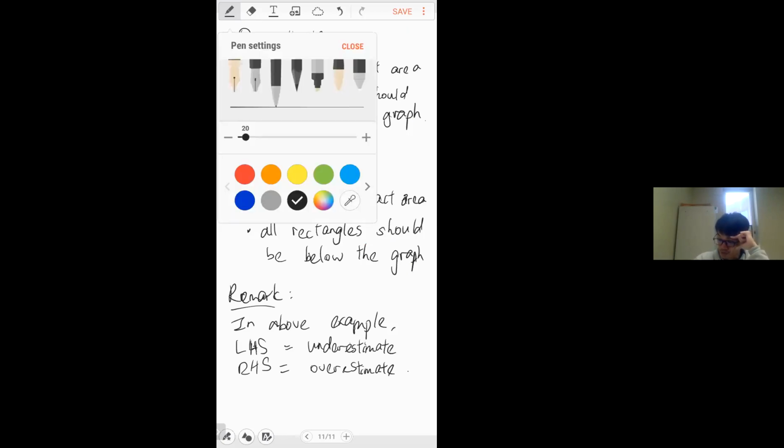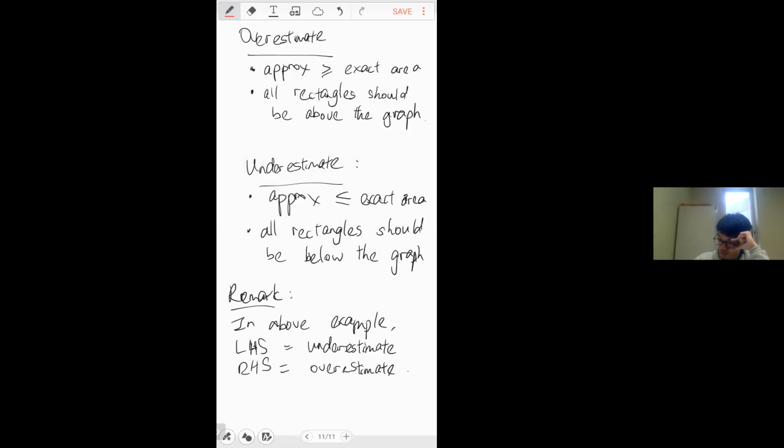Nope. It really depends on your function. This is not always correct. It depends on how your function looks.